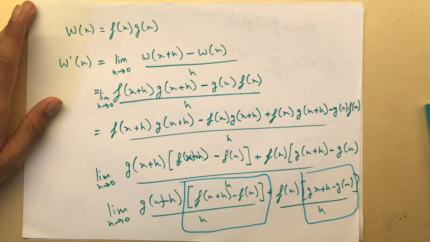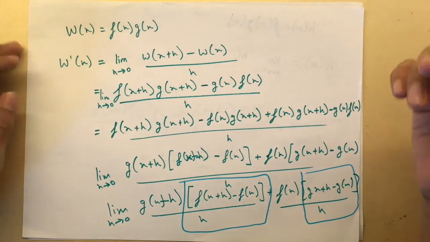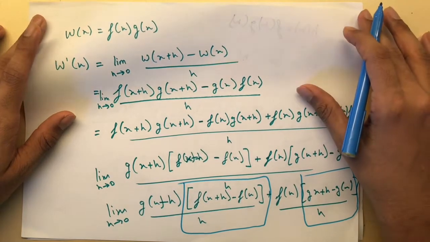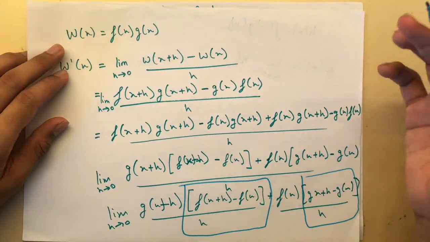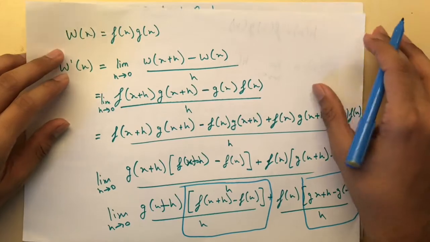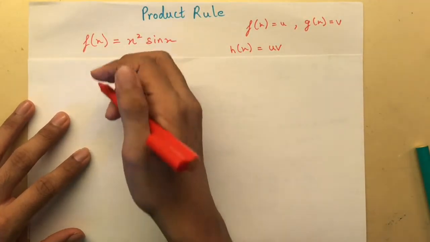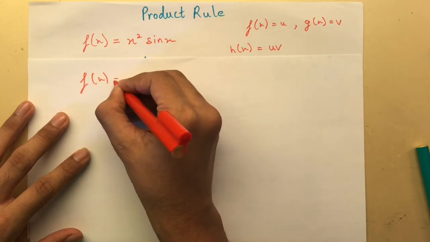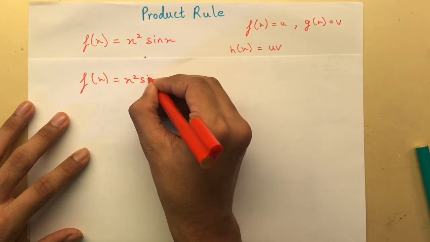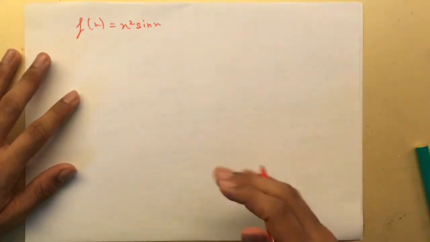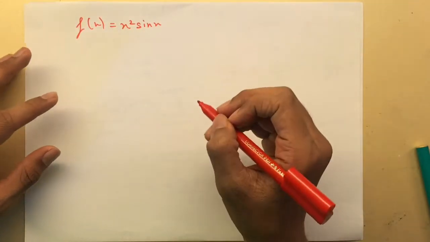And that should clear any doubt about the previous proof that I had, the previous way of finding the product rule that I had shown you. Now, if we go back to the problem I had written here, which was f of x is equal to x squared times sine x, then we would be able to solve it using the product rule.